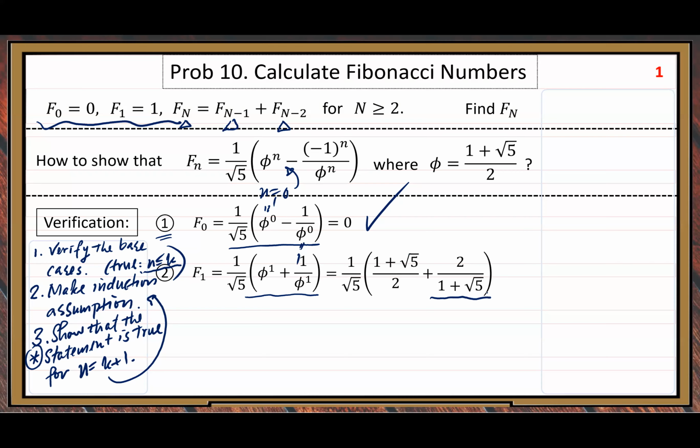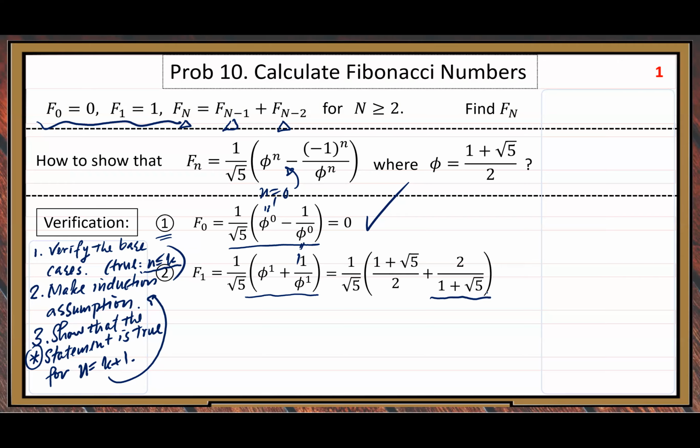So we use a standard step. People call this rationalizing the denominator, making the denominator a rational number.